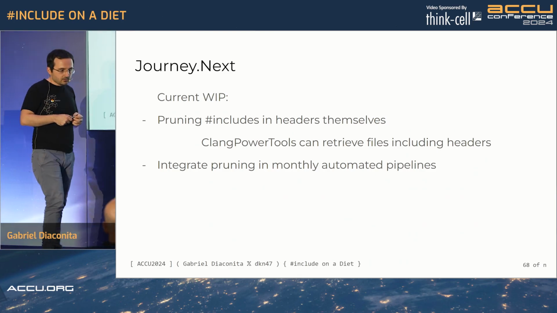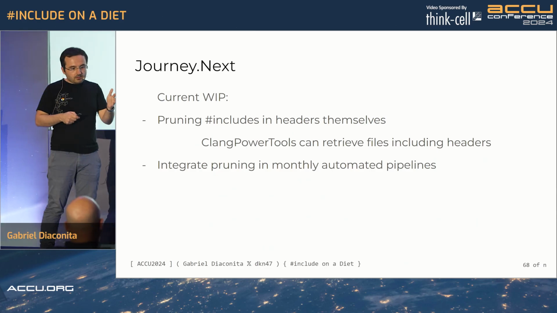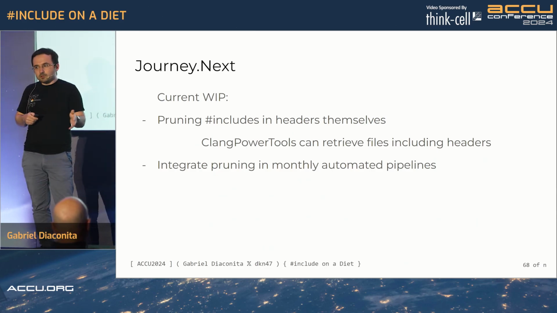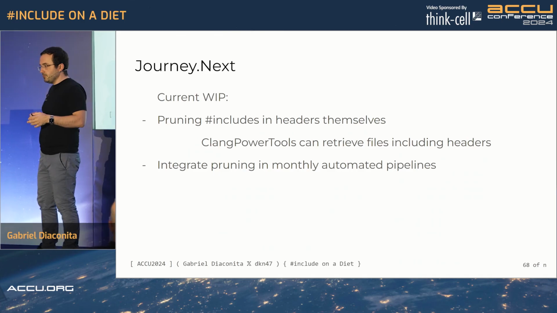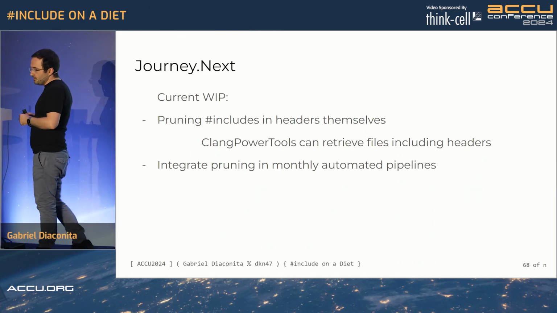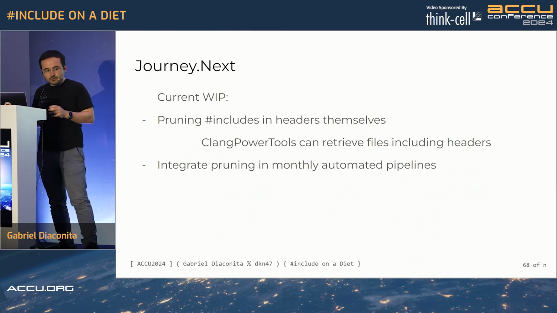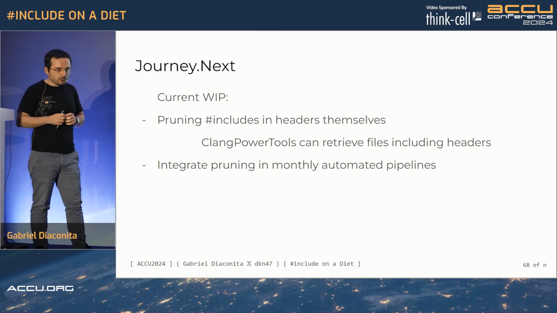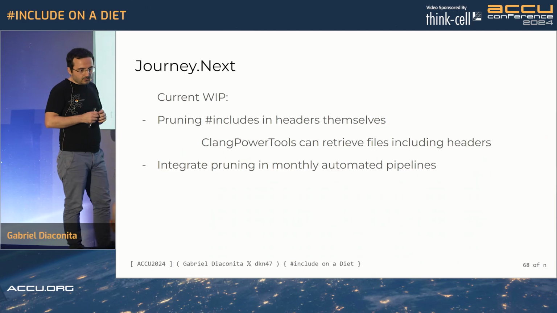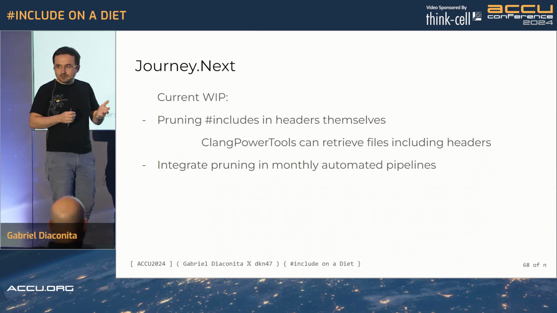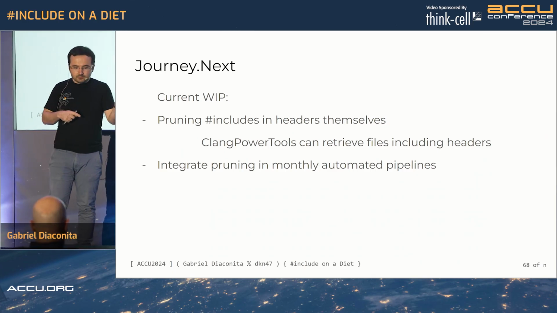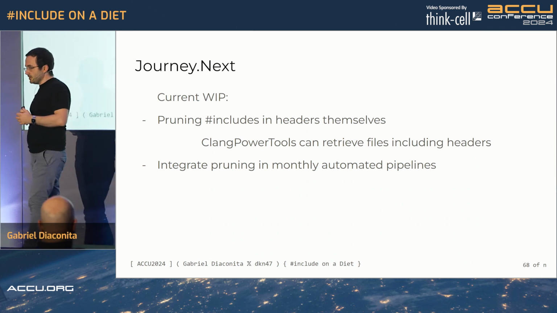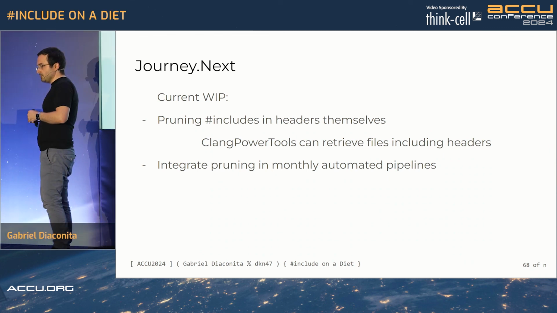They were asking us to not just remove includes from CPP files, but why not remove them from headers themselves, which is a task that's a bit trickier and we are currently working on. We are almost there. It's trickier because you cannot compile a header. You have to find all the files that use that header, which we do. That's a solved task.